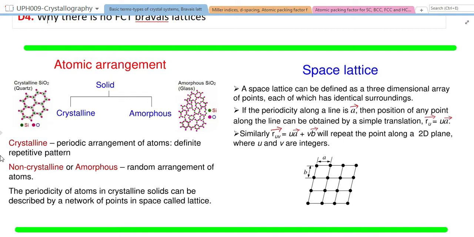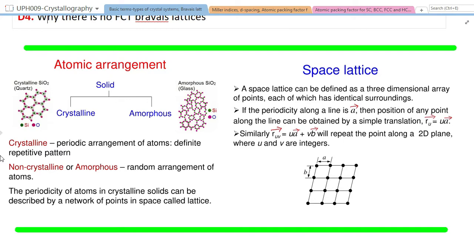So in case of a crystal or a crystalline solid, the points where the atoms or the molecules are placed are placed in a periodic fashion, right? Those points where they are placed give you a geometrical structure, and that is called a lattice.